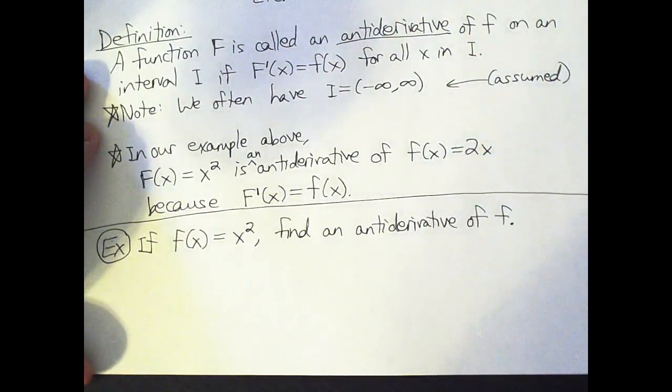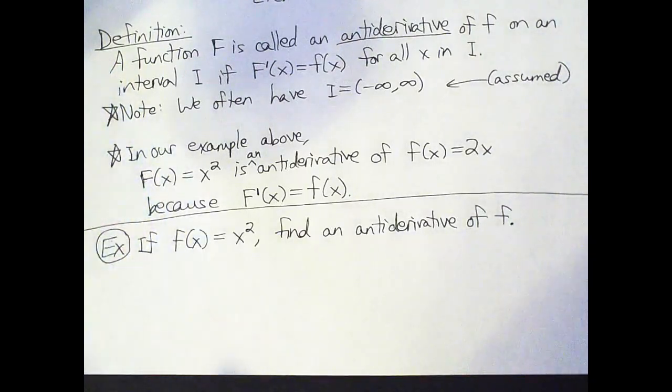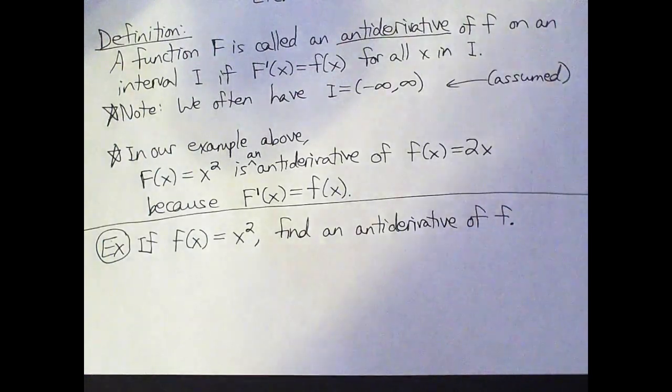I'd like you to think about this. The answer that we write should be sort of a capital F of x. I'd like you to maybe pause the video if you'd like and think about this for a minute.